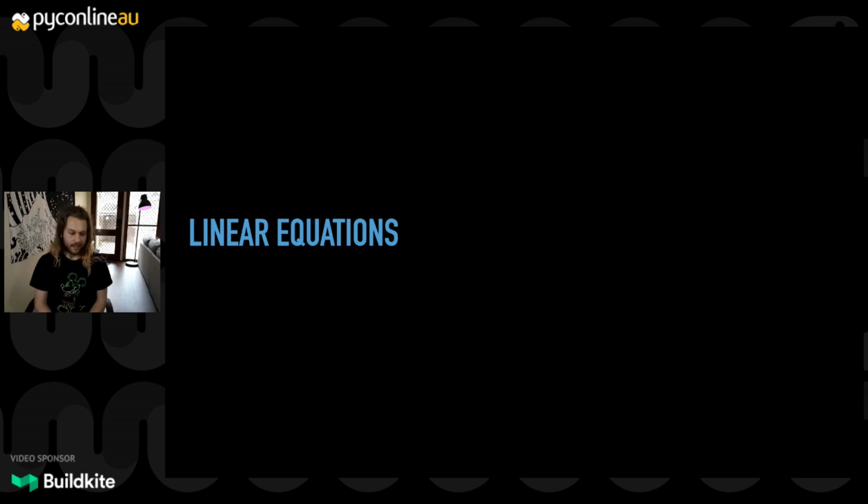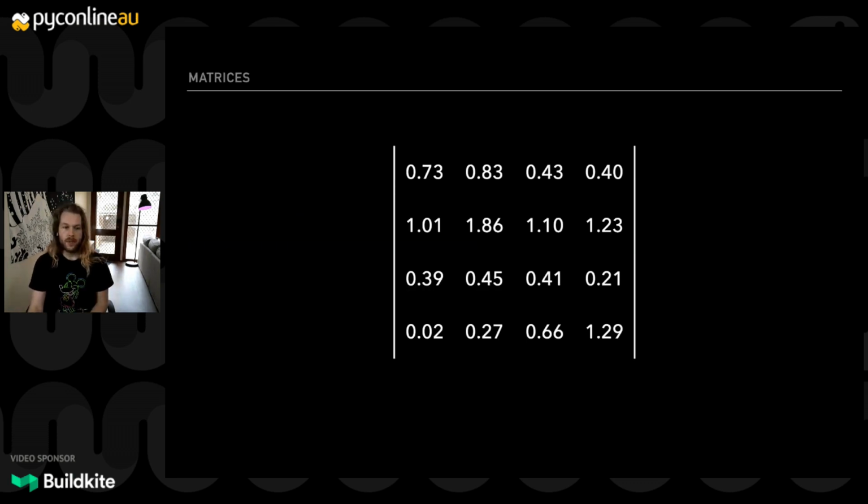All right. And the last thing I want to talk about is linear equations, which is another topic that we often deal with in data science. And this is where matrices come in. A matrix is like a grid of numbers.